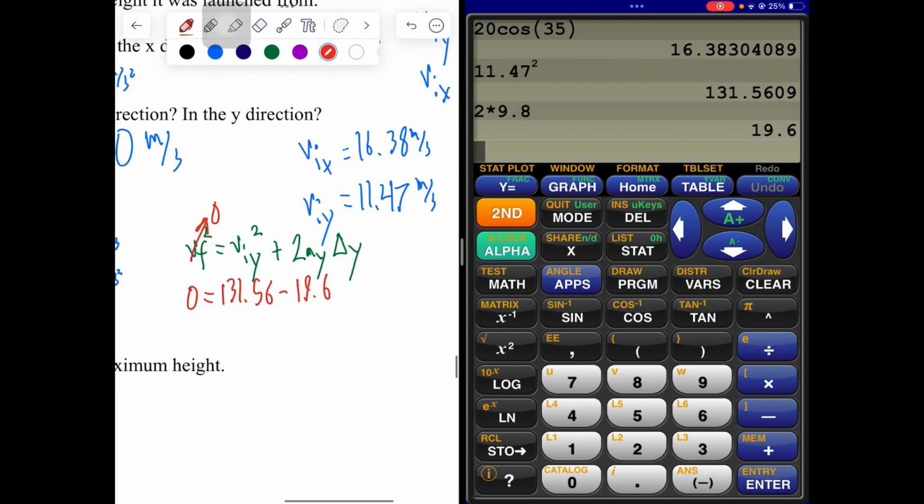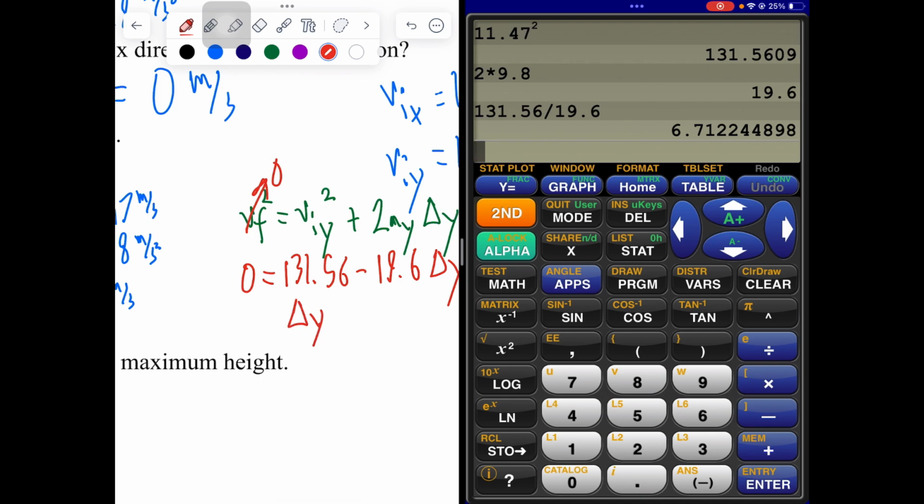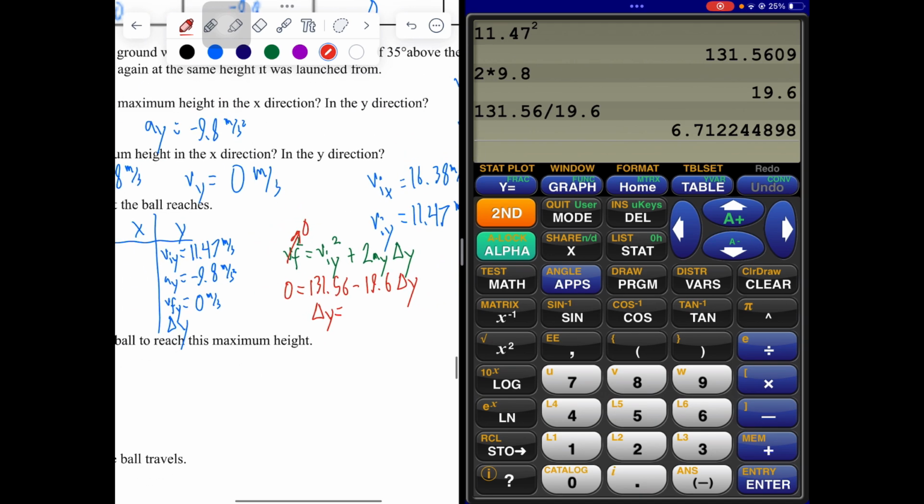Delta y is what we are solving for. Rearrange. This will end up being 131.56 divided by 19.6. And we get our delta y, that maximum height being 6.7 meters.